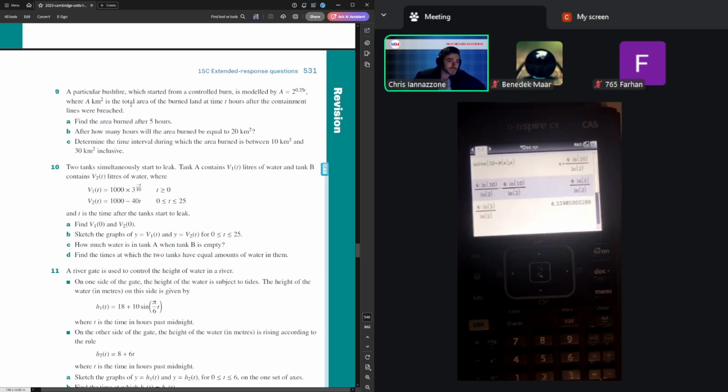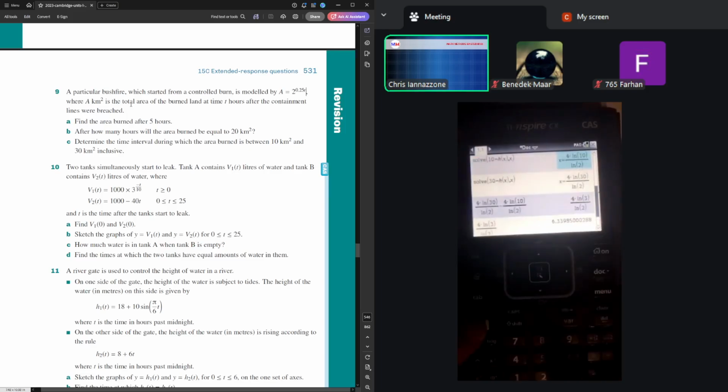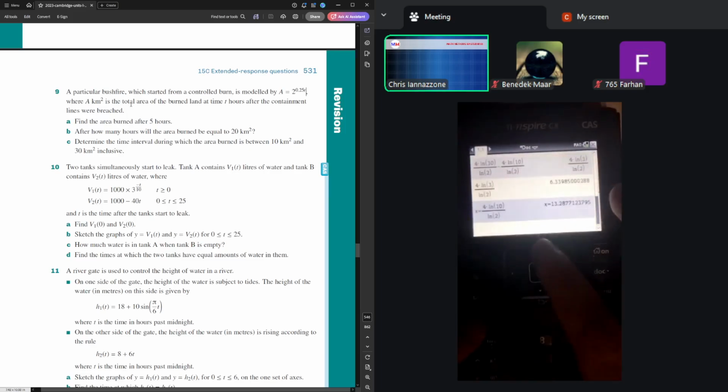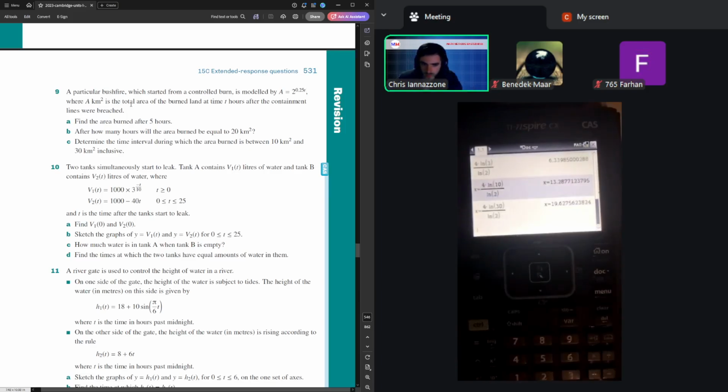T hours after the containment, so that's like the duration of time. Time interval, now that I'm looking at it, probably more so means your start time and finish time. So it would be something like 13 hours to 19 hours.